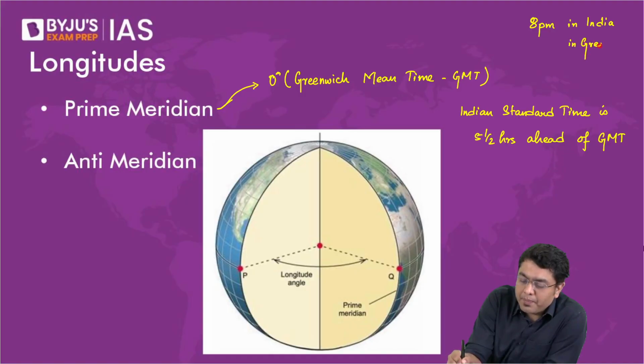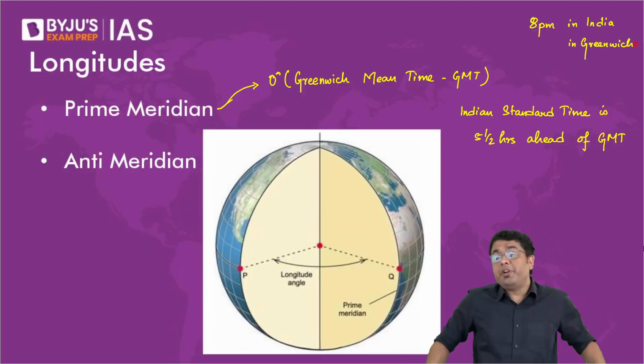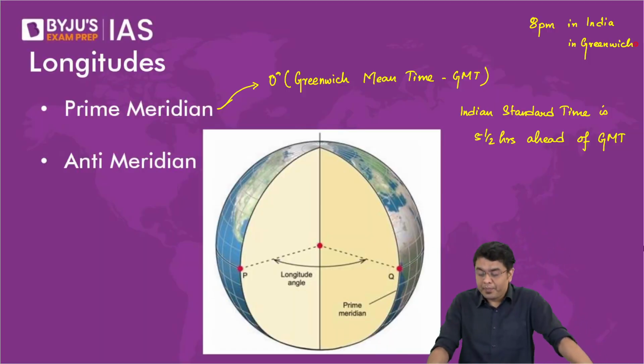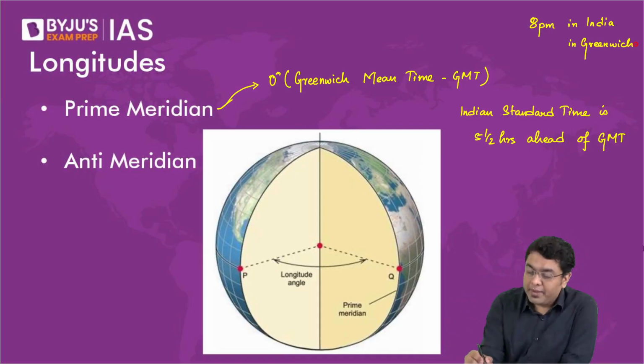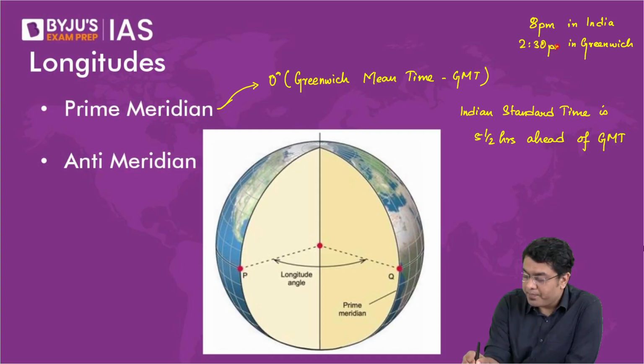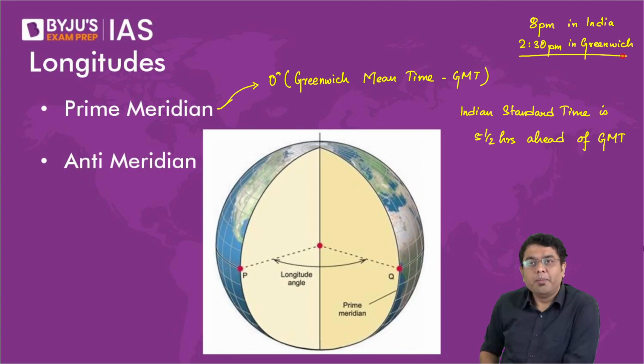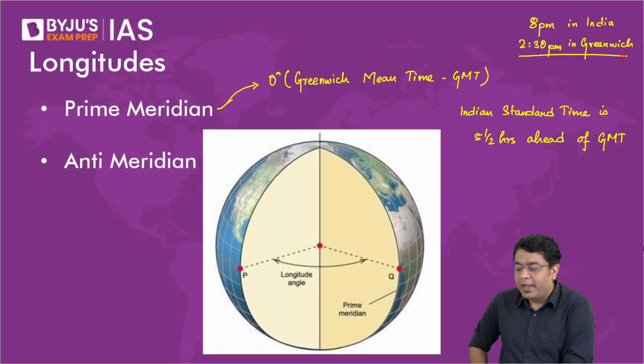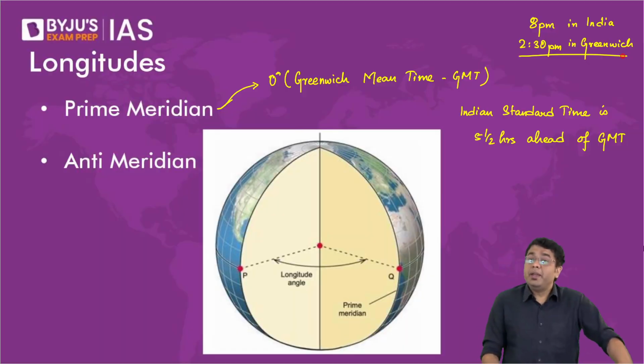Let me know. What would be the time in Greenwich if it is 8 p.m. in India? Beautiful. It will be 2:30 p.m. in Greenwich, because Indian time is 5.5 hours ahead.